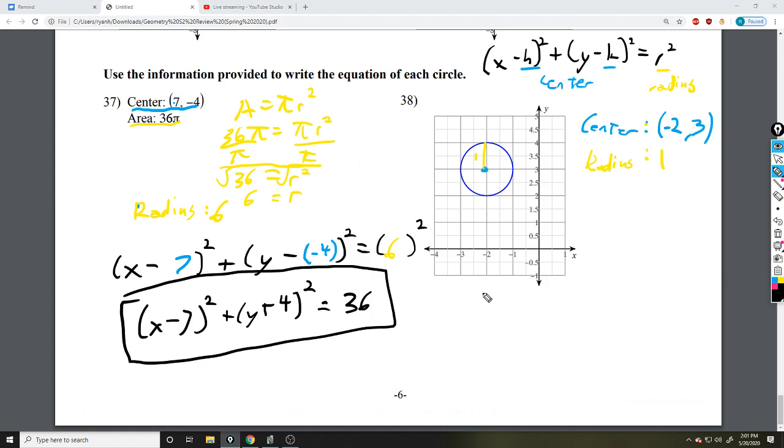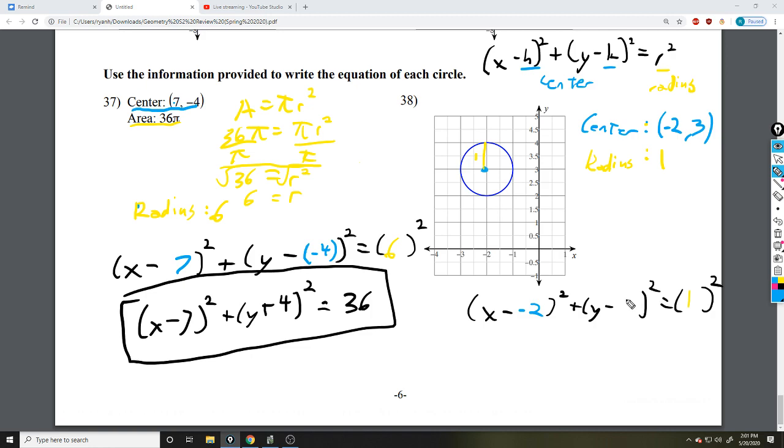So let's write it out. Here's the structure that stays the same every time. Plus y minus our y coordinate center squared equals our radius squared. Oh, our radius was 1. Let's put that in. And then our center was at -2, 3. So subtracting a -2.